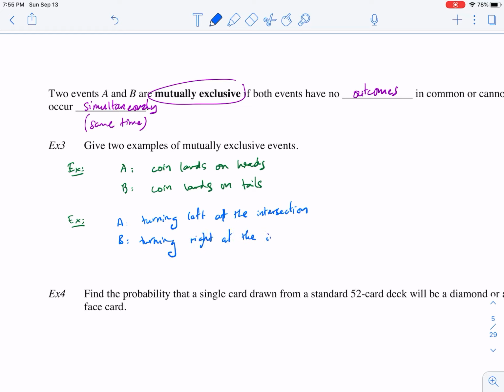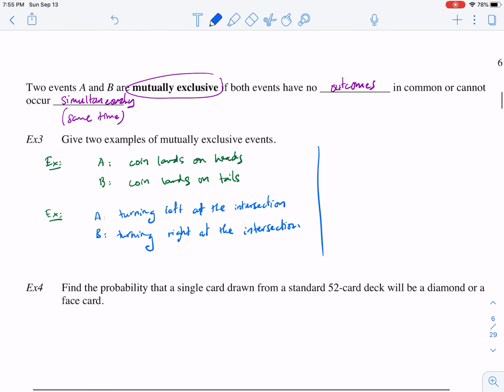Right, so if you think about this, if you're driving and you come up to an intersection, there's no car that would turn both left and right at the same time when they go through the intersection. So this can't be happening. So these are mutually exclusive. So you can come up with the last one here.